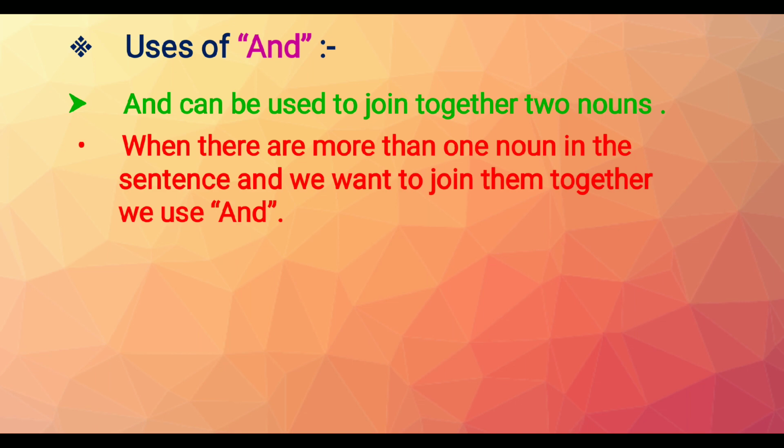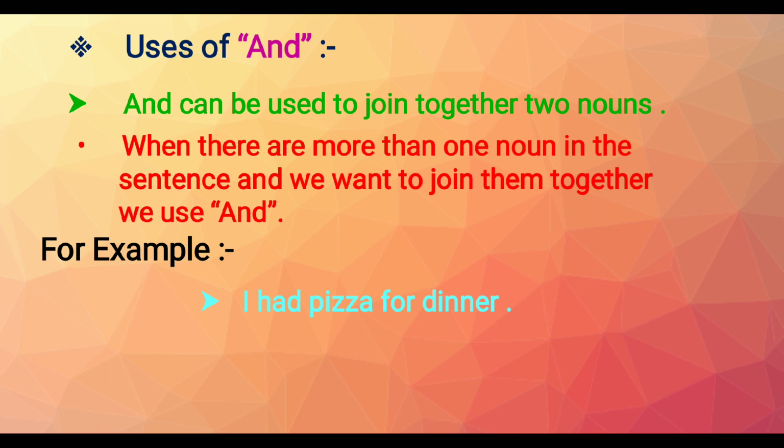Let's see an example and understand it. First is, I had pizza for dinner. The second sentence is, I had pasta for dinner. Here, what are the nouns? Pizza, dinner and pasta are the nouns.